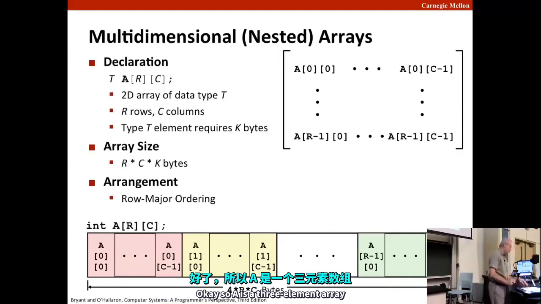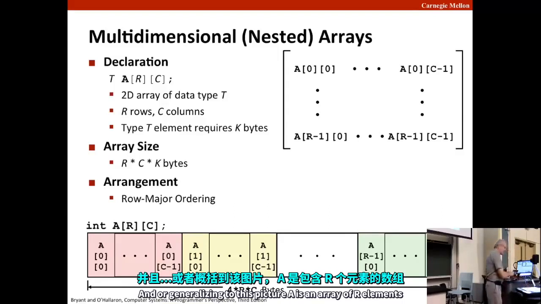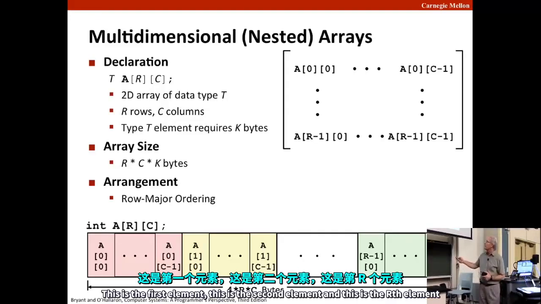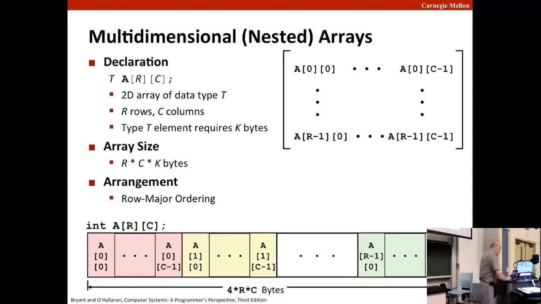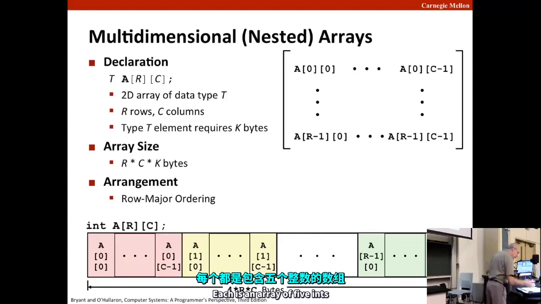Okay, so A is a 3-element array, or generalizing to this picture, A is an array of R elements. This is the first element, this is the second element, and this is the Rth element. But what kind of elements are those? Each is an array of 5 ints.